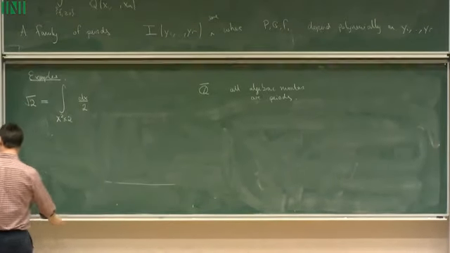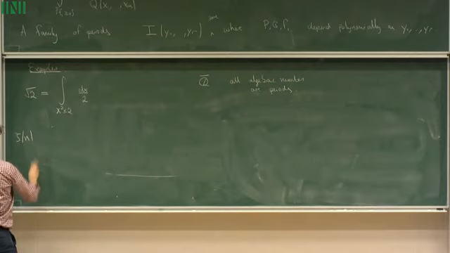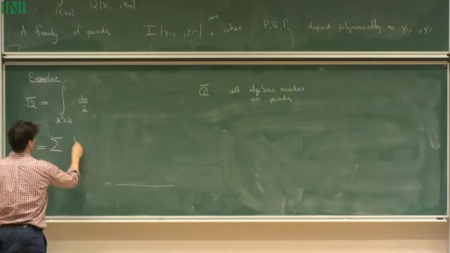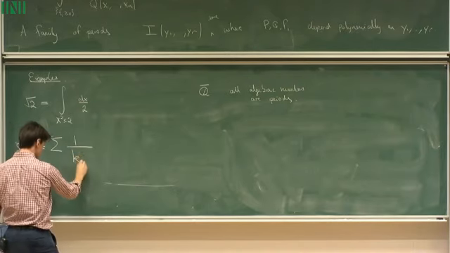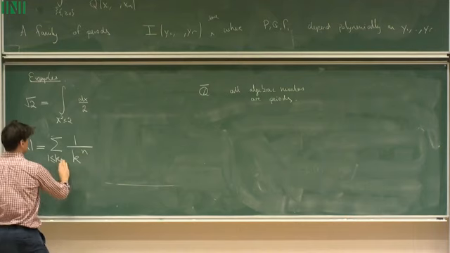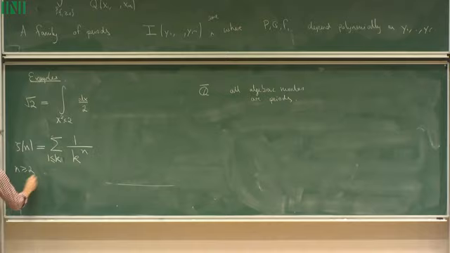Here's another very basic example. The values of the Riemann zeta function, which are a priori defined as a sum, for n greater than or equal to 2.